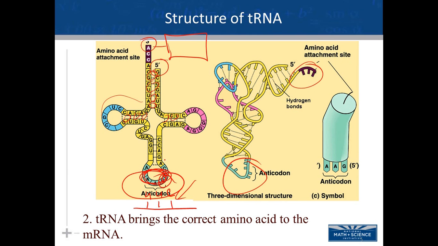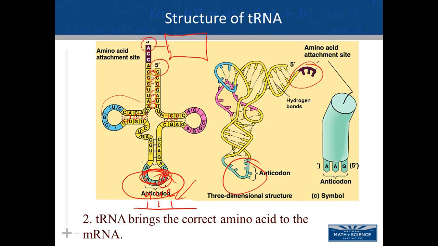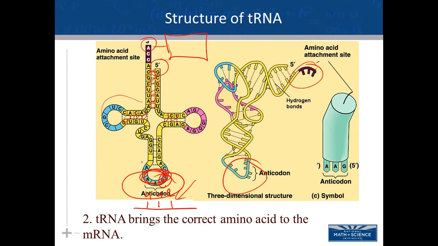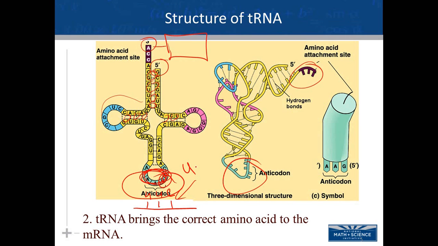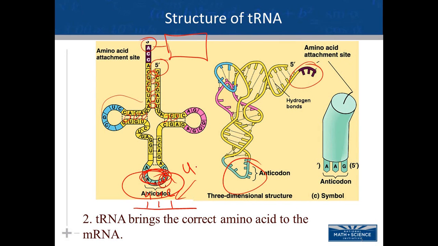So, for example, U on the anticodon here, if this were a U over here, it can bind to U, which is normal. However, the other odd thing is that it could also bind to G. And some transfer RNAs include a modified form of adenine, and that modified form of adenine is called inosine, and it turns out that inosine can bind with U, C, or A on the codon.